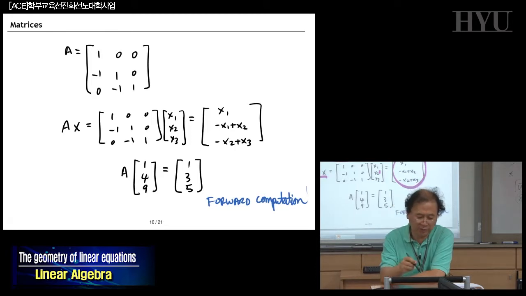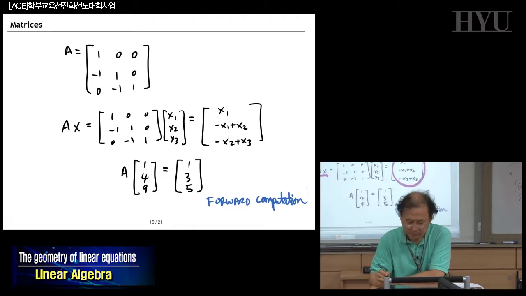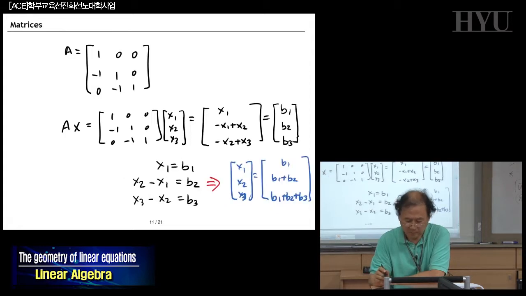So basically here is what I'm saying: AX is B. So when you move forward, computing this way is pretty easy, right? So whatever number you plug in X, you know the values of B, right? This forward computation, you already know that.